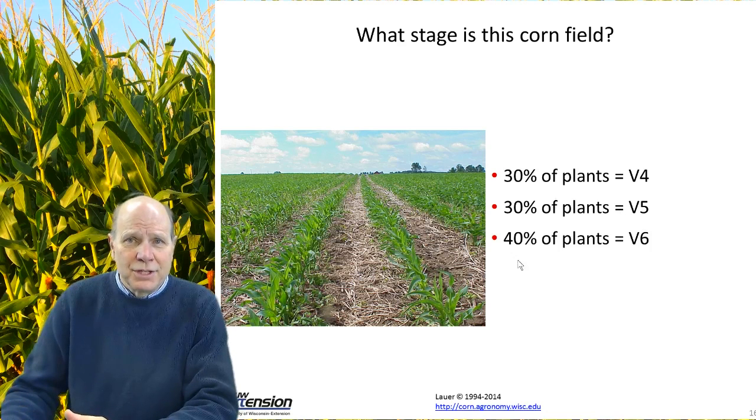So in this example here, 40% of the plants are at V6, so the field is not quite at V6, but 70% of the plants are at V5 or beyond. So that means this field would be at the V5 stage of development and getting pretty close to being at V6. All right, so that's how you'd stage a field if you're out doing scouting or working with growers in that way.